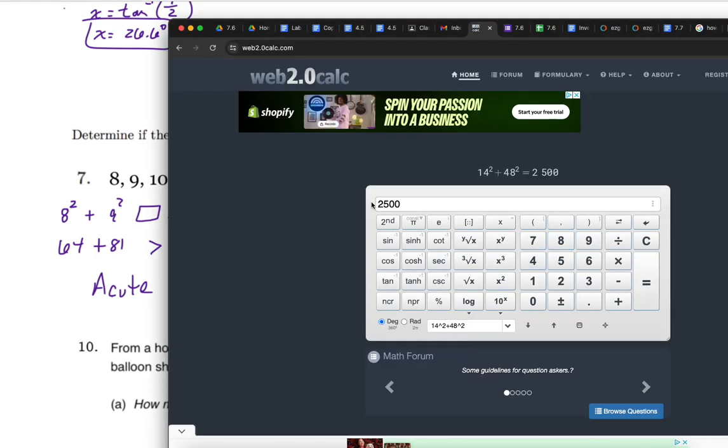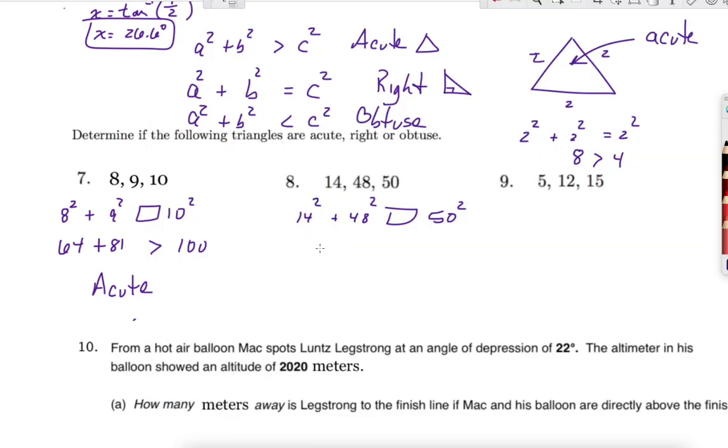That gives us 2,500. I hope we know that 50 squared is 2,500, right? 5 times 5 is 25, and then 2 zeros. These are equal. So this is a right triangle.